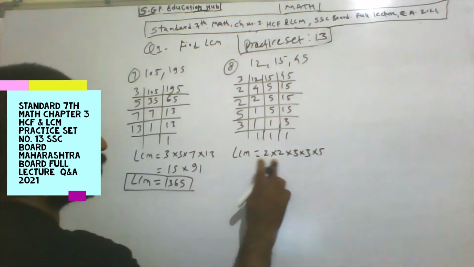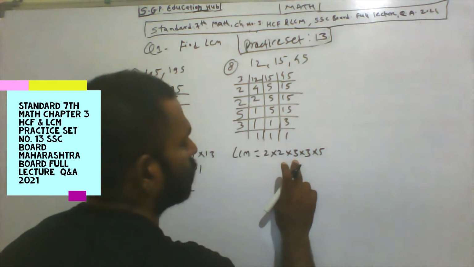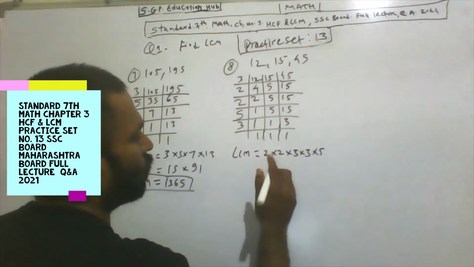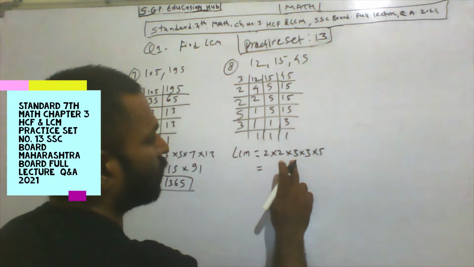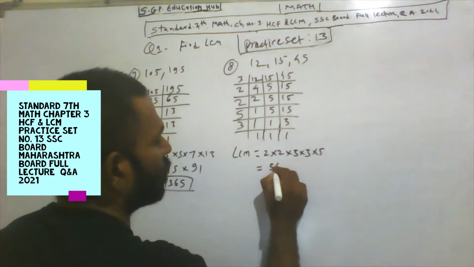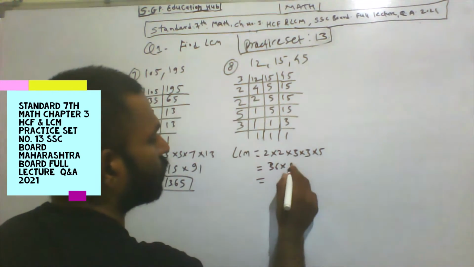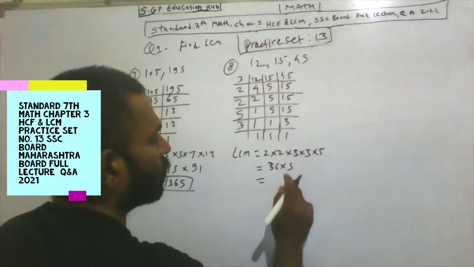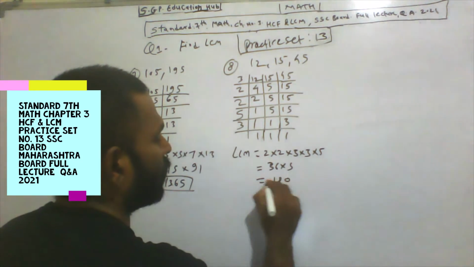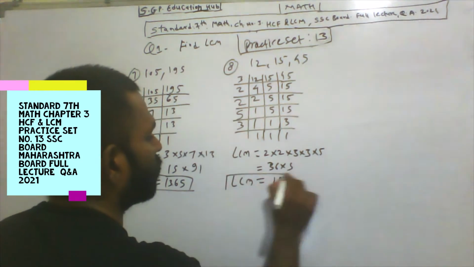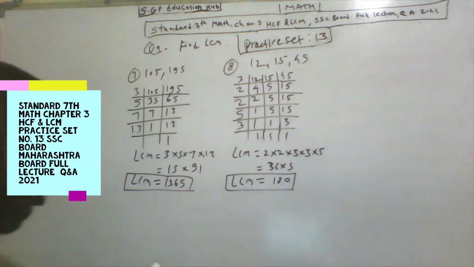So 2 twos are 4, 4 threes are 12, 12 threes are 36, 36 into 5 is 180. LCM is 180.